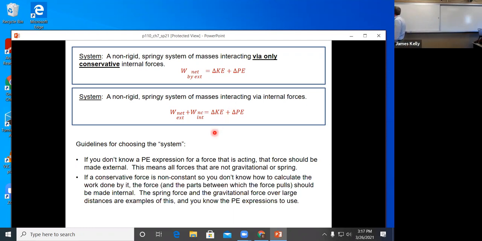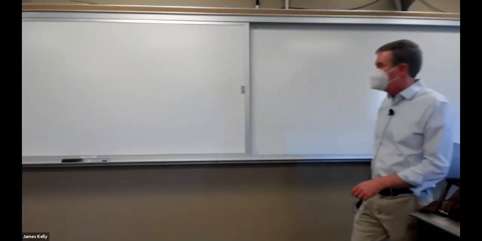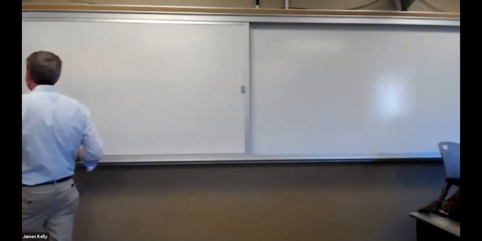If you have a conservative force and it's not constant, you won't know how to calculate the work. The only way we have shown for how to calculate work is if a force is constant, we can calculate Fx delta x.